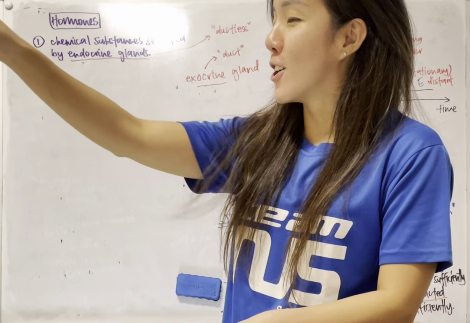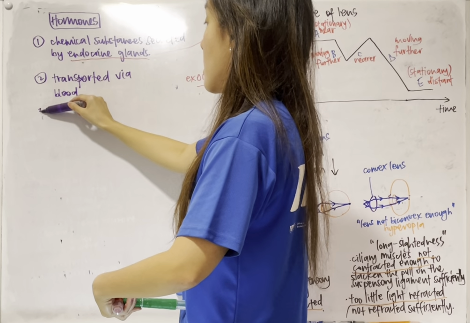Second thing, read out for me. What is your definition of hormones so that you all can label? I always want to see these 4. Usually it's worth 2 marks, so you need to write out these 4. Transported via the blood. So you always must tell me how hormones will be transported via blood, to the target organ.